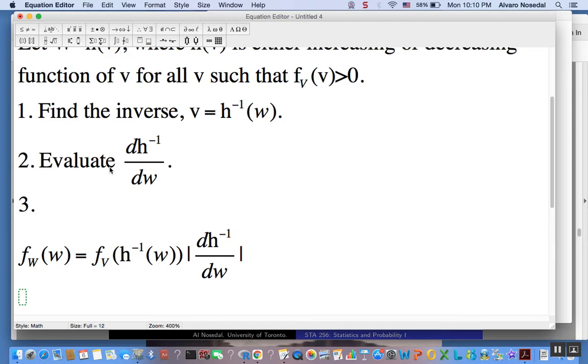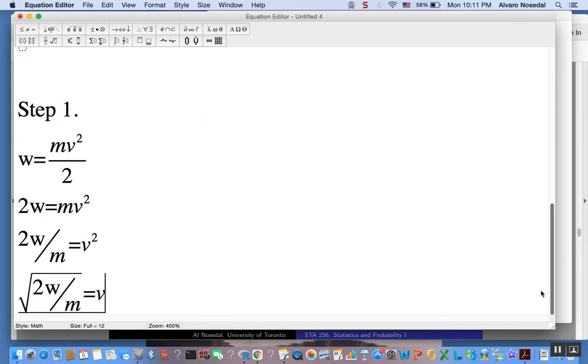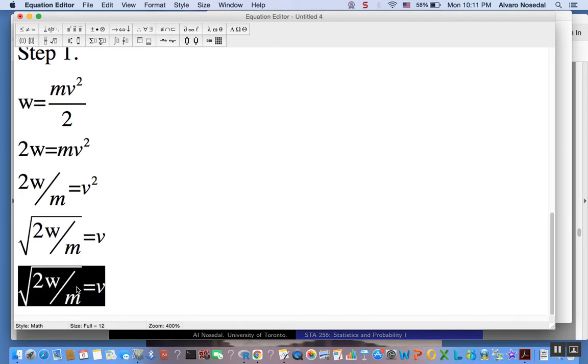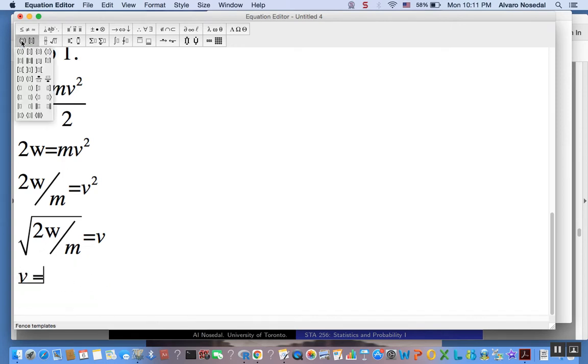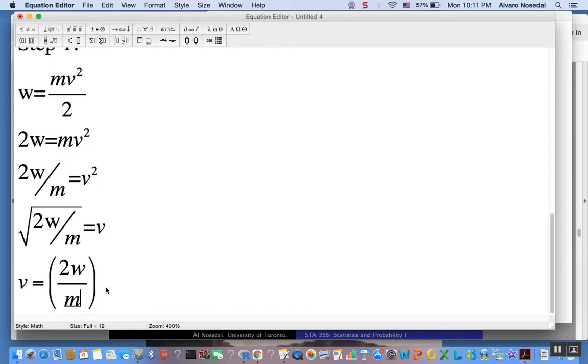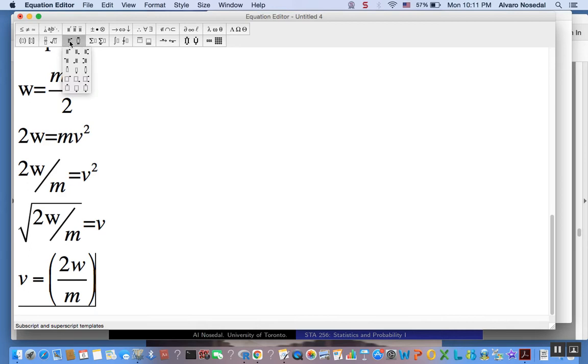Okay, here we go. Before we do that, just let me re-express this like that. Let me rewrite this as 2w divided by m to the power 1/2.